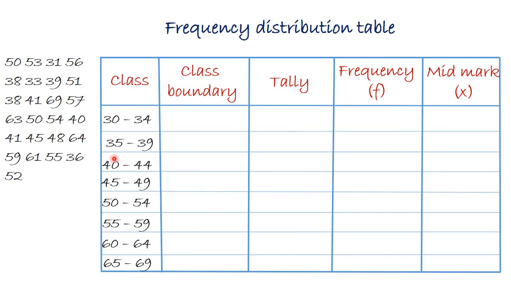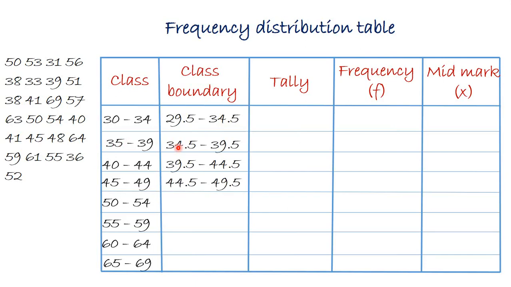Let us also get the class boundary. Now for the lower class boundary, we get 30 minus 0.5. And then for the upper class boundary, we get 34 plus 0.5. So it means we shall have 29.5 to 34.5. Then the next, the same procedure will be followed, and this will be 34.5 to 39.5. And then 39.5 to 44.5.